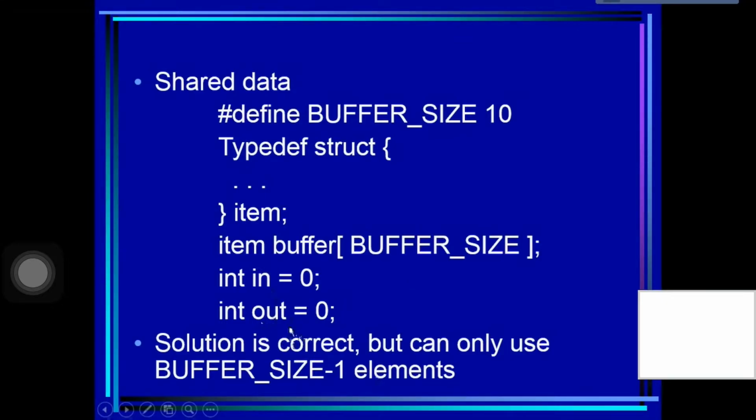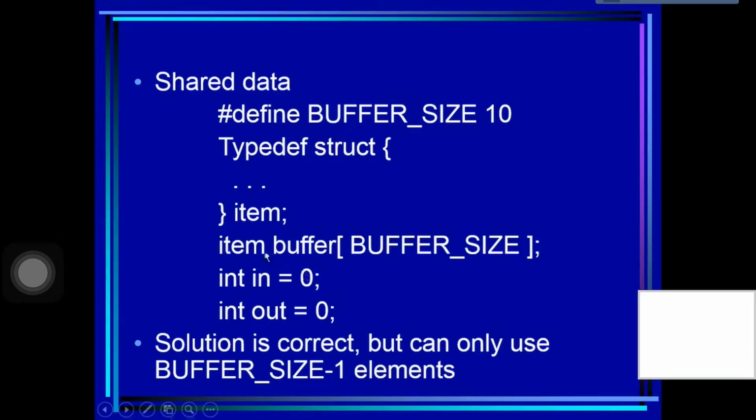And out refers to the location the consumer can fetch the item from the buffer. The shared buffer is implemented as a circular array with two logical pointers, in and out.